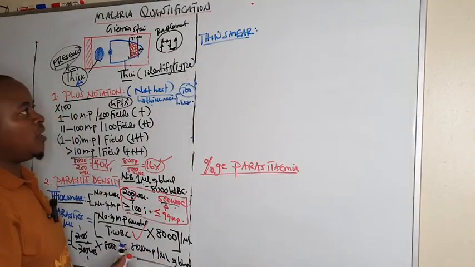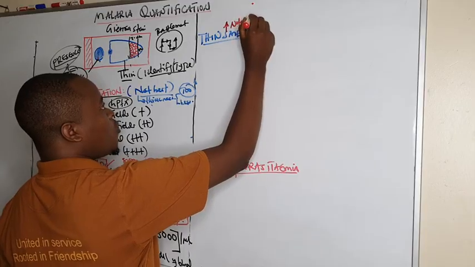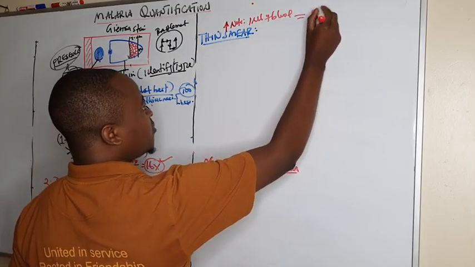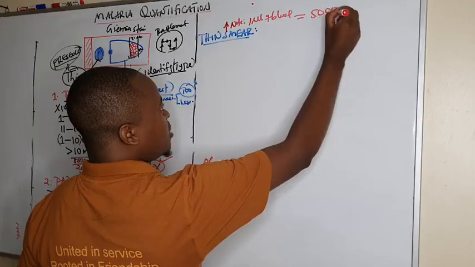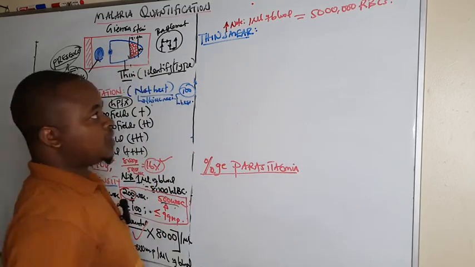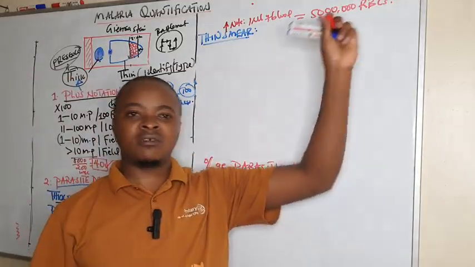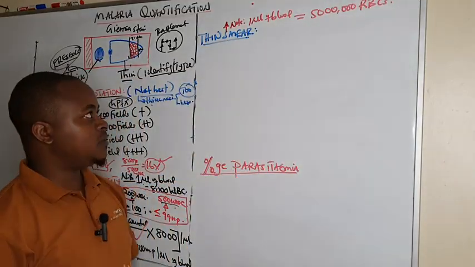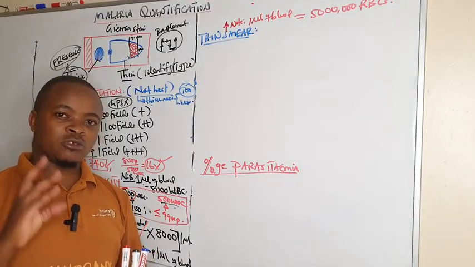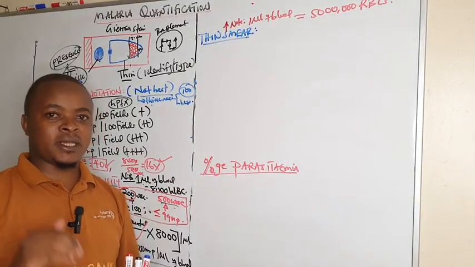Under thin smear, the first note is that 1 microliter of blood is approximated to have 5 million red blood cells. That is the first thing you must note. So here what we do is count the total number of RBCs and also the total number of parasites.